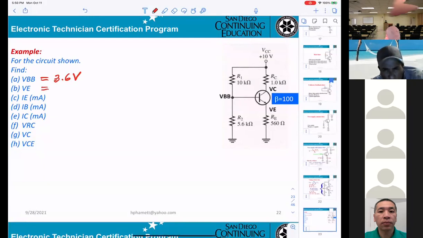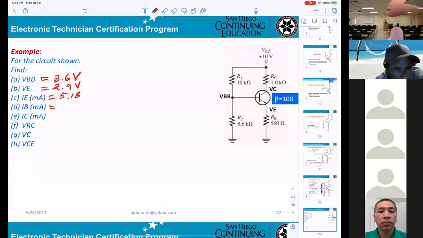VE. 2.9. 2.9, yes. IE. 5.18. 5.18, correct. IB.